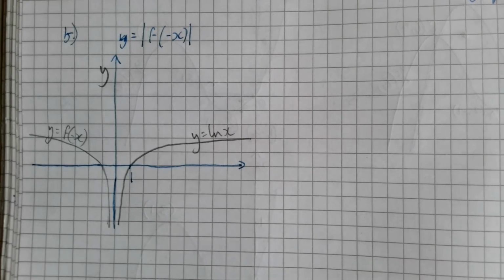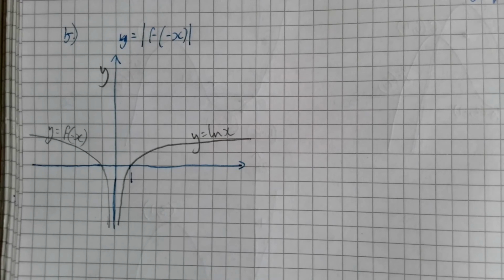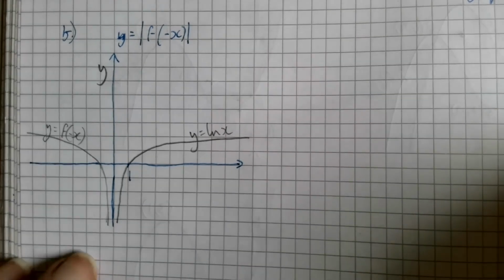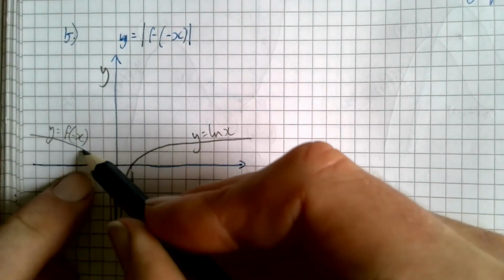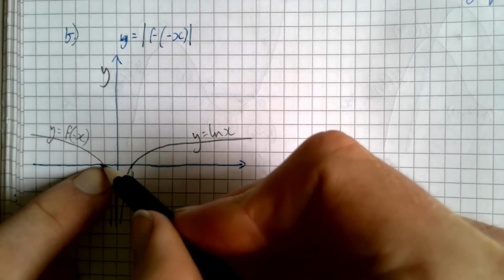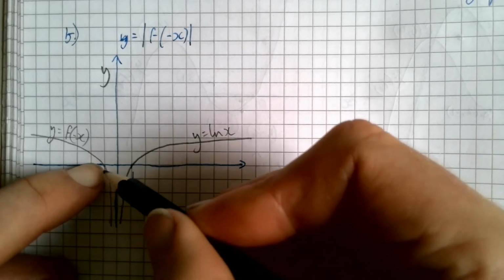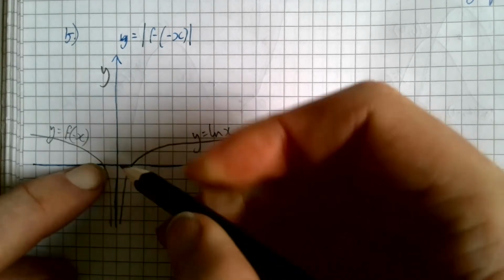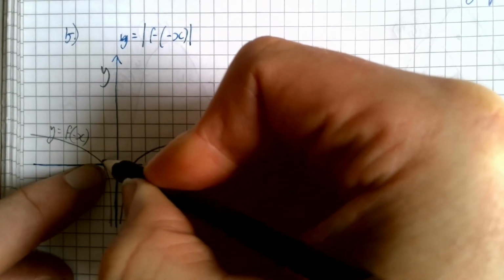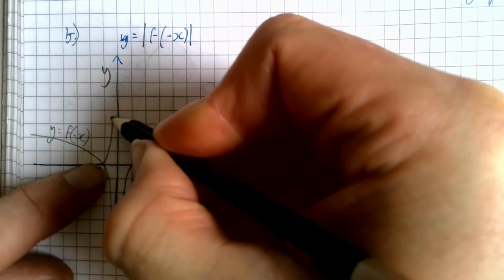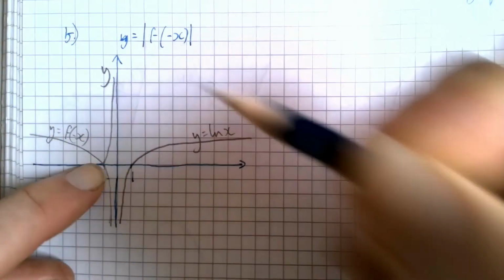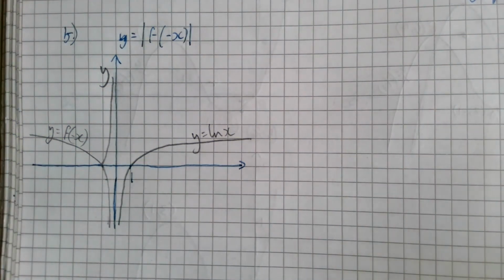Now, what we've got to do is do the modulus of that. So the modulus, that means we're only allowed positive results, doesn't it? We're looking at the magnitude of what's going on. So at this point here, this is all positive results. That's a magnitude of 0, so that'll stay as 0. As soon as it goes to -1, that's a magnitude of +1. So all these numbers here, this bit here, is going to get reflected like that.